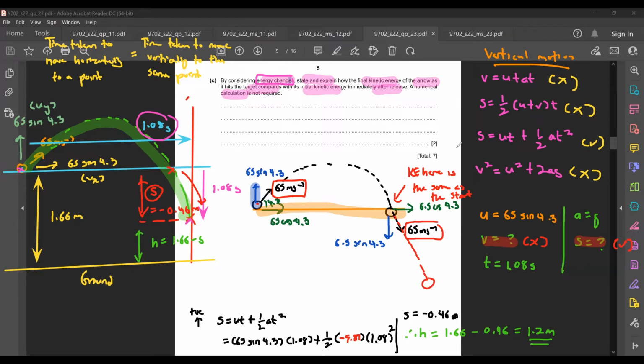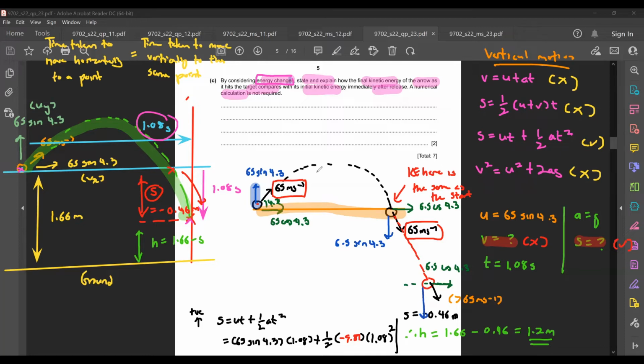So if this is the point that you reach upon hitting your target, this point here would definitely be more than 65 meters per second. Your horizontal velocity will still be the same, no doubt, but your vertical velocity will not be the same anymore.